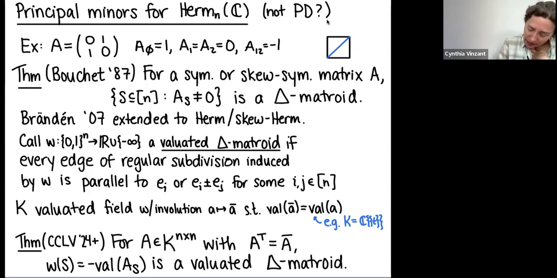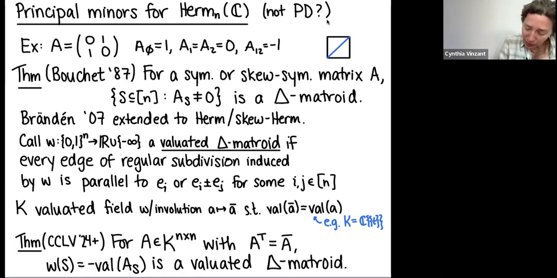I should have done this over a valuated field, I now see. But essentially, if you start taking valuations of things, so here, no, it's fine. These two, the empty set and the whole determinant, are non-zero. The diagonal entries are 0.